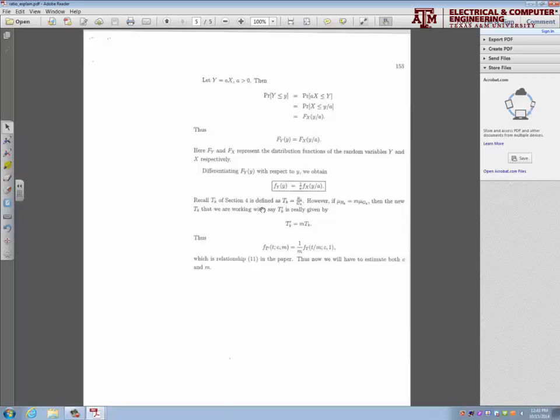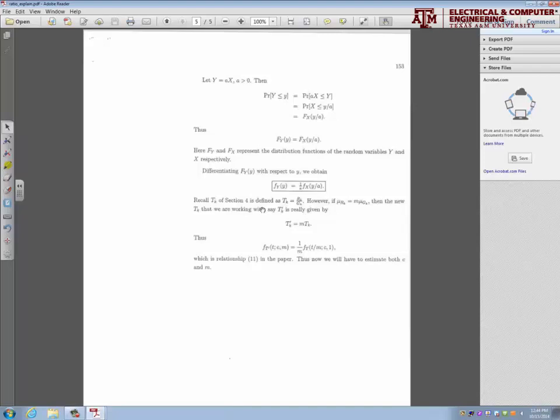Recall that TK, which is the ratio in section 4 of the paper, and we'll get to the paper in a few minutes, is defined as the ratio of the red to the green. However, if the means have a constant scaling, then the new TK that we will be working with, say TK prime, is really m times this ratio. For that, the density function would have to be changed using this relationship, and that's going to be done in the paper.